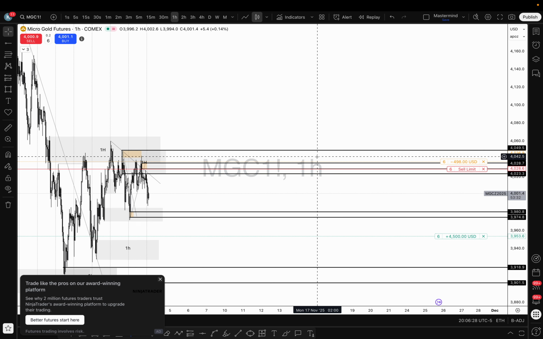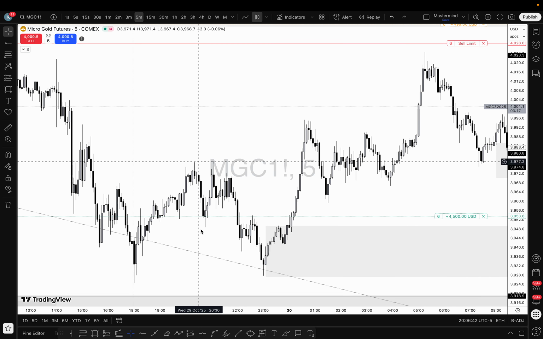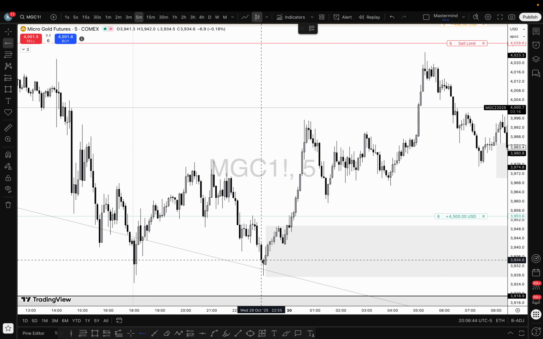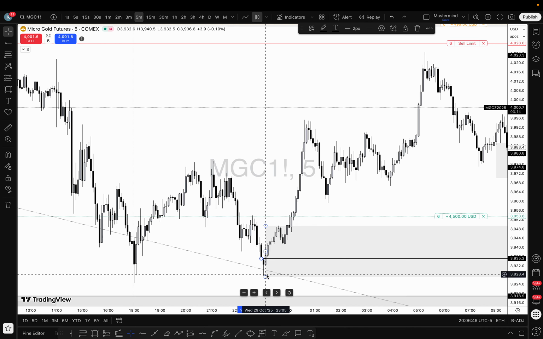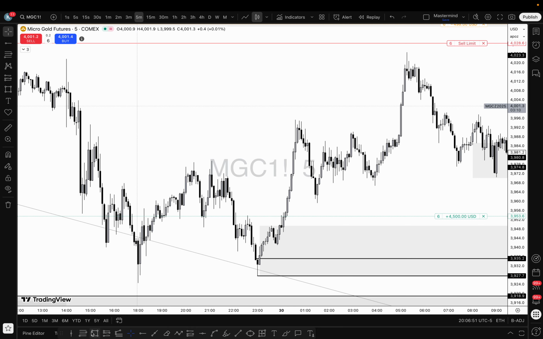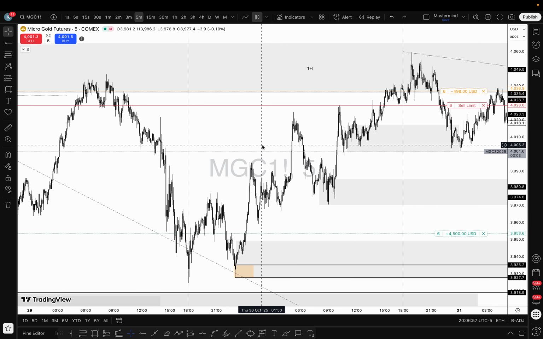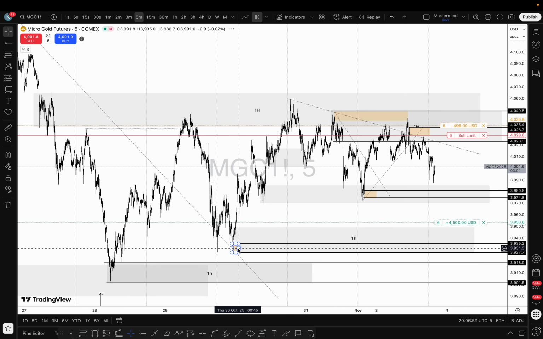Now 1 hour drop base rally, we know we have to go to the 5-minute to get the nested zone. So the 5-minute zone would be drop base rally, this one right here. Right, so that's the 5-minute.